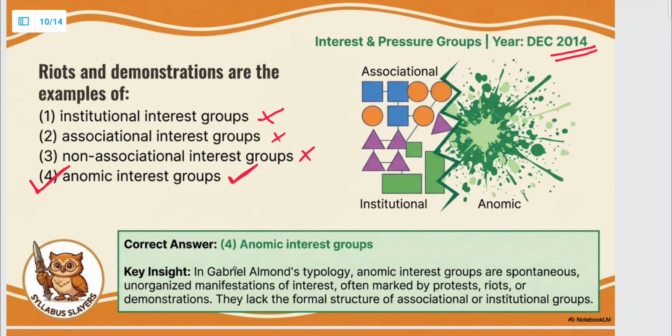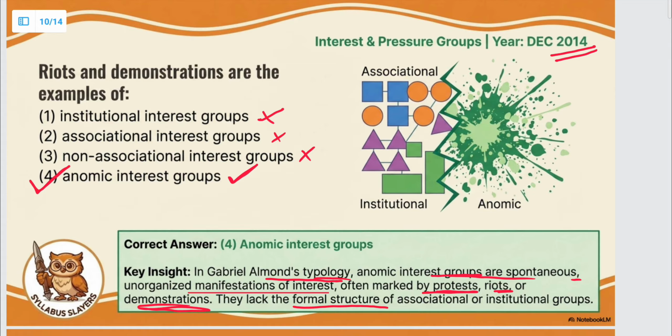इसका I will just give you the explanation. In Gabriel Almond's typology, anomic interest groups are spontaneous, unorganized manifestations of interests, often marked by protests, riots, or demonstrations.